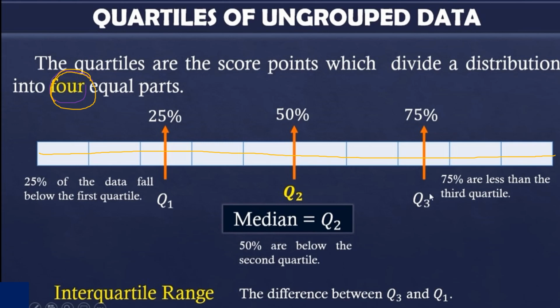So pag yung score nyo po, class, ay tumapat sa Q1, for example, 10, yung score nyo 10 ay 25% of the class, pang 25%. So meaning to say, yung mga score na kaklase nyo na nakuha ng less than o mababa sa 10, kasama na po ikaw, so you are consisting the bottom 25 of the class. Okay, based sa test result na nakuha.